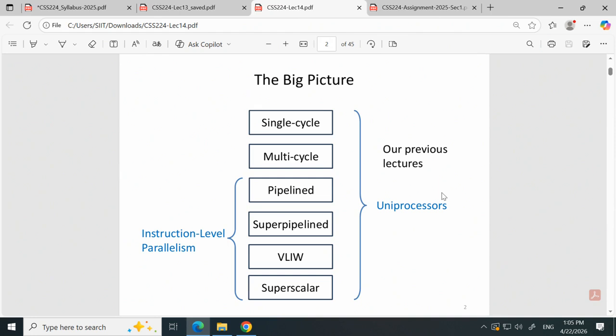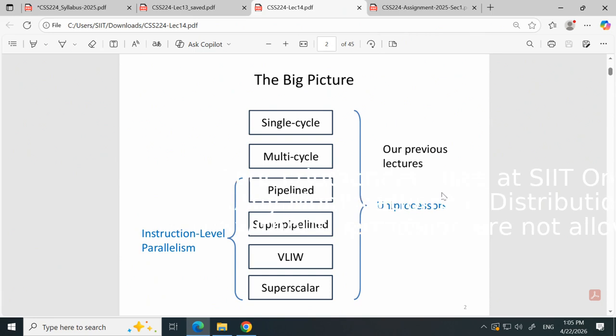Pipeline, super pipeline: multiple instructions can be executed in parallel in an overlapping fashion. Stage 1, 2, 3, 4, 5, overlapping in parallel. Good. Super pipeline increases the clock rate.